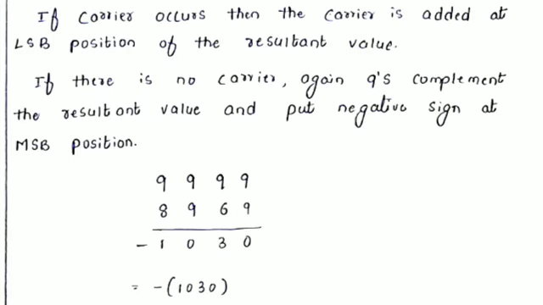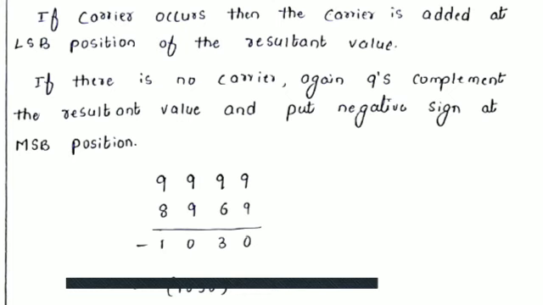If carry occurs, then we need to add that carry to the LSB, as in the one's complement method. If carry is not generated, we need to take the minus of the result.